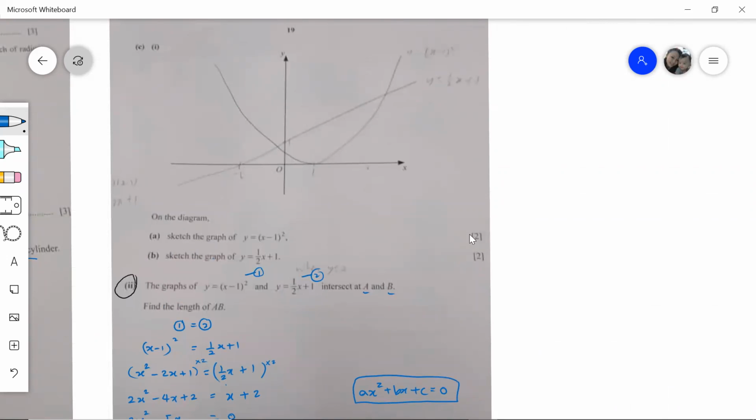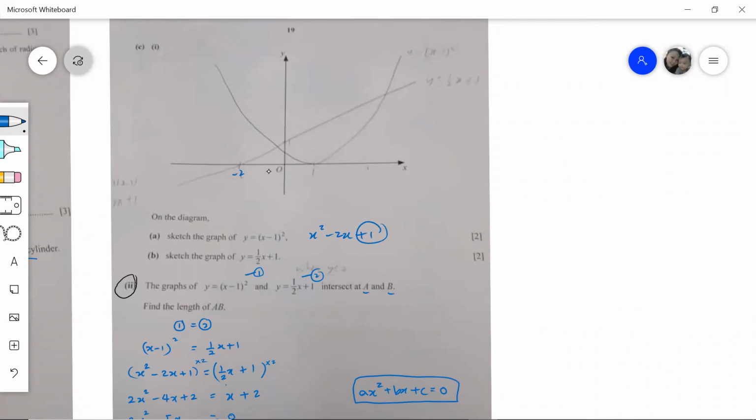Now let's check. That means this one is not so accurate. Now when you need to sketch 2 graphs, I think we expect to see the correct y-intercept as well as the x-intercept. So it passes through 1 over here. And then this one is negative 2. Okay, great. Straight line using a ruler, please. And then this one, if I expand this, I will have x squared minus 2x plus 1.